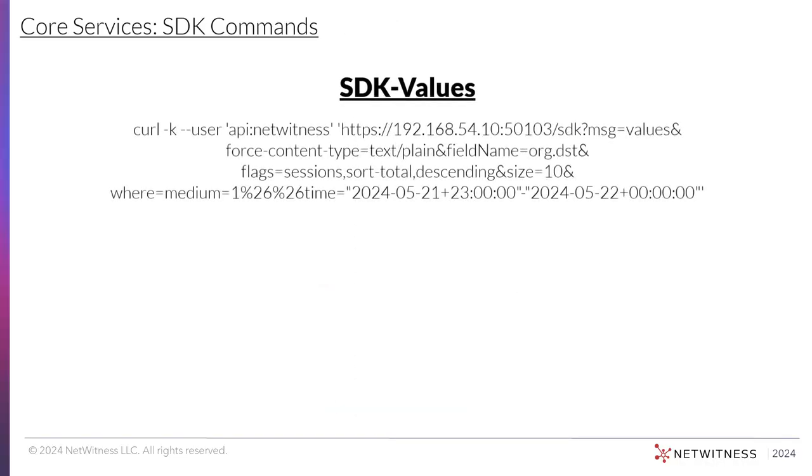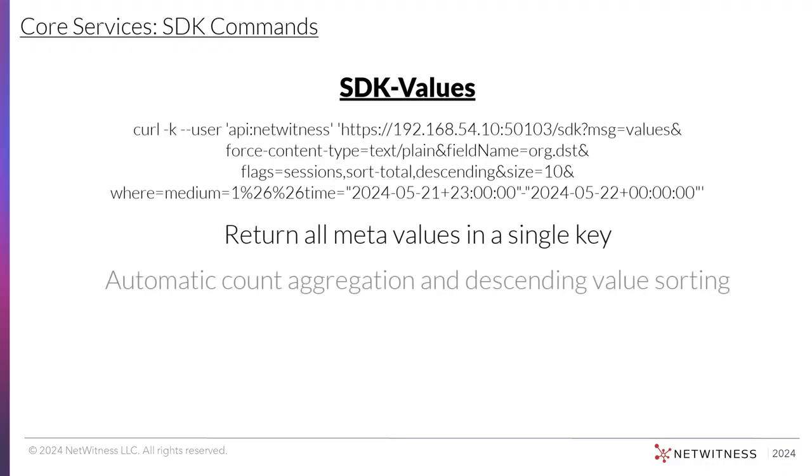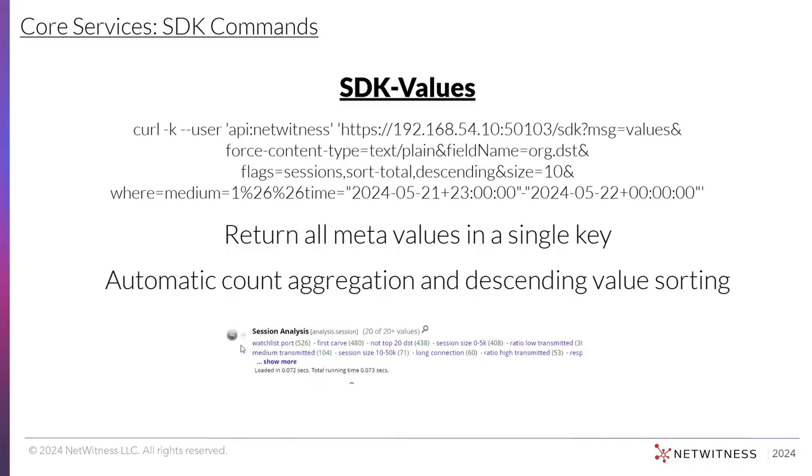Next up, we have SDK values, which you would use to return all of the meta for a single key. The results are automatically aggregated by count, and by default are sorted in alphabetically descending order. This call is the same process that the UI uses to display values when you open a meta key.